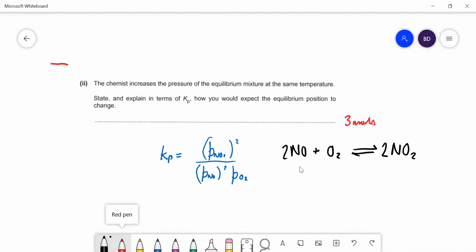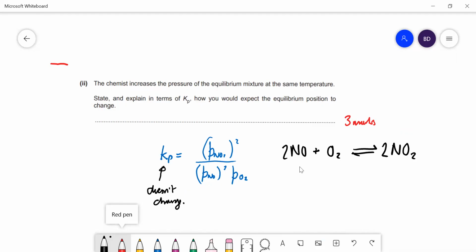Now we know that if we increase the pressure, the Kp doesn't change. That doesn't change, okay? But we have got two terms of gas on the top and three on the bottom.